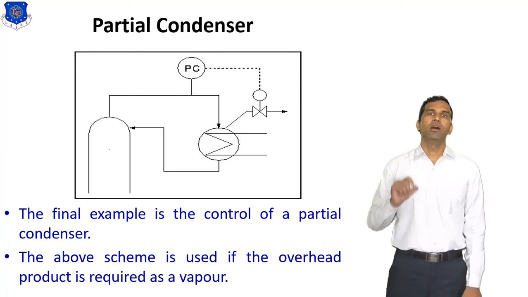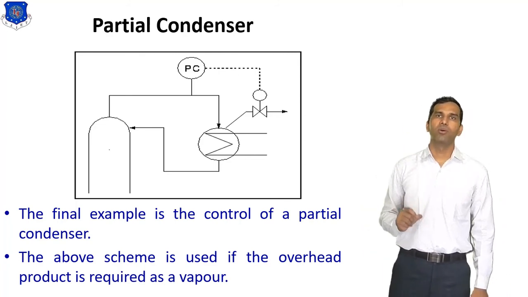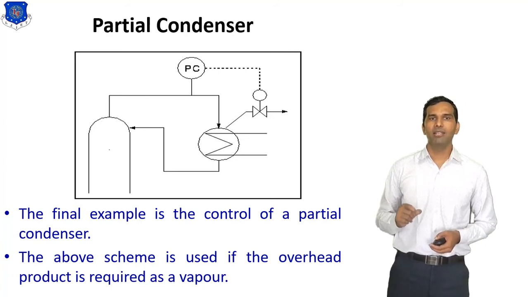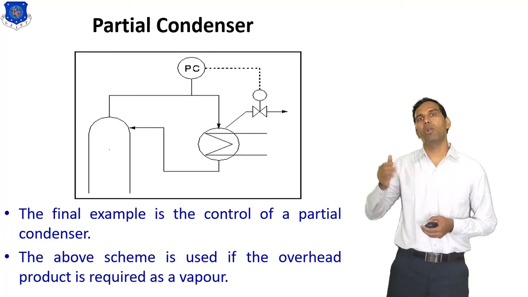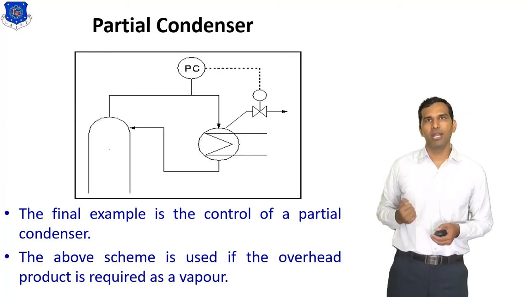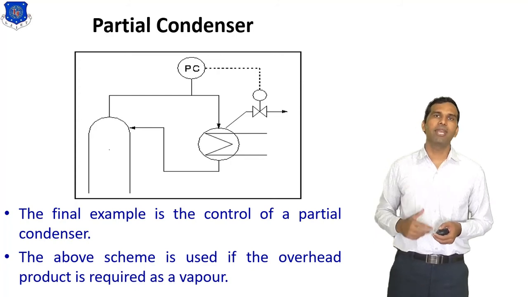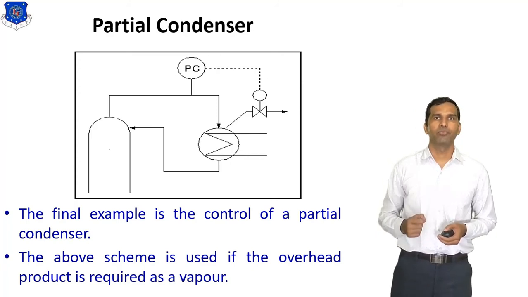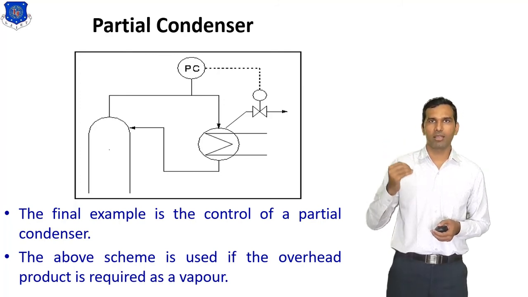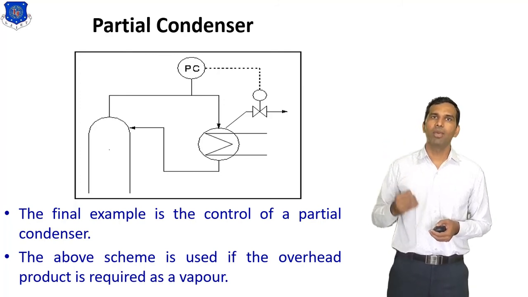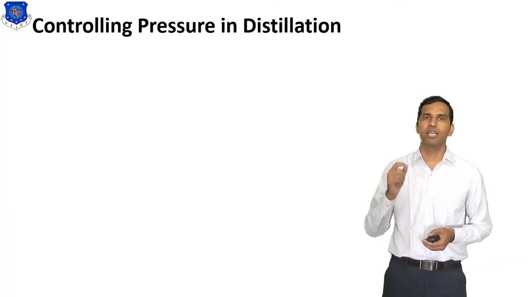That means we can use this scheme when we require the overhead product as a vapor. If we require the overhead product as a liquid, then we cannot use this scheme. But if our distillation product is a vapor, then we can use this partial condenser scheme.